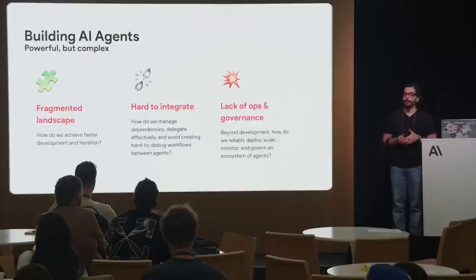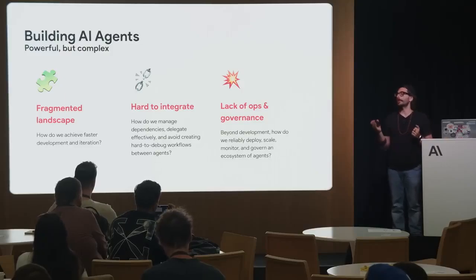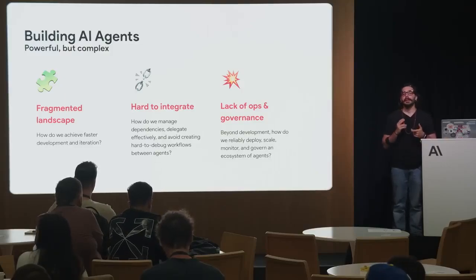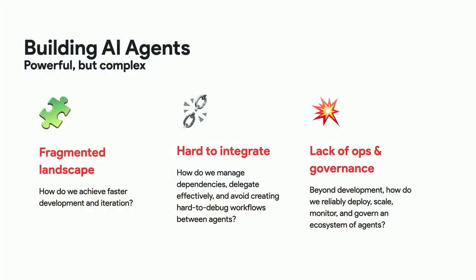So just to recap, we started from these three main problems, right? Building agents is powerful, but there are several challenges when you want to put them in production. You have a fragmented landscape. There is some integration complexity that you need to manage. And even if you're capable of fixing this, you have to manage all the operational overhead that you need to handle in order to deploy these agents.